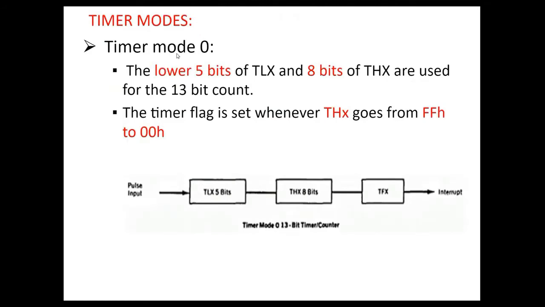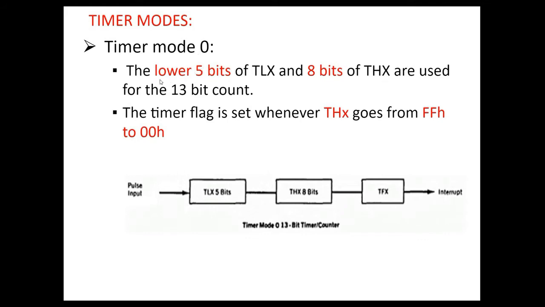Now we'll see what the differences are between the different modes of the timer. First we'll take the timer in mode 0. As we saw earlier, if we select the timer under mode 0, it acts as a 13-bit timer.